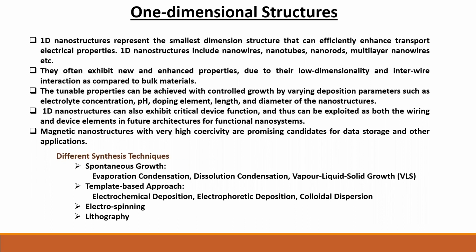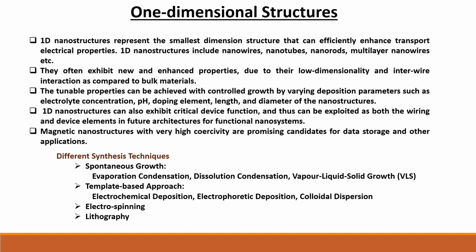As we have already seen, the one-dimensional nanostructures include nanowires, nanotubes, nanorods, multi-layered nanowires, etc. They often exhibit new and enhanced properties due to their low dimensionality and interwire interaction as compared to the bulk material. So their surface-to-volume ratio, which is the aspect ratio, increases a lot when we go to the nanoscale regions and one-dimensional materials.